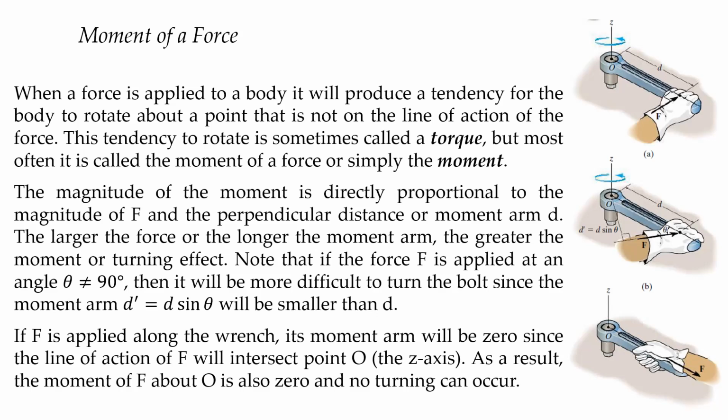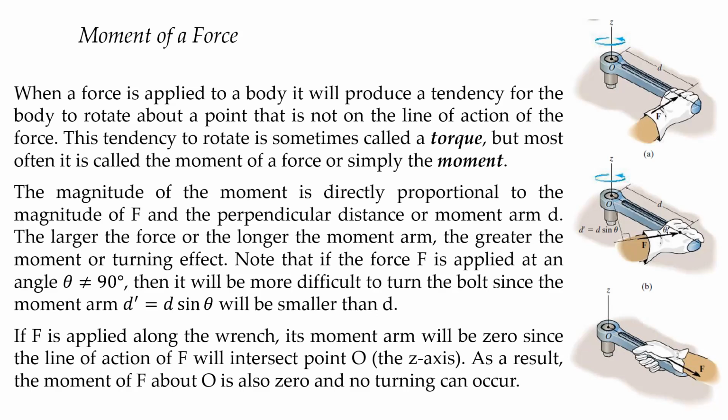Now, the magnitude of the moment is directly proportional to the magnitude of your force multiplied by the perpendicular distance, or what we call the moment arm. Of course, the larger the force or the larger the moment arm, the greater the moment or the turning effect.